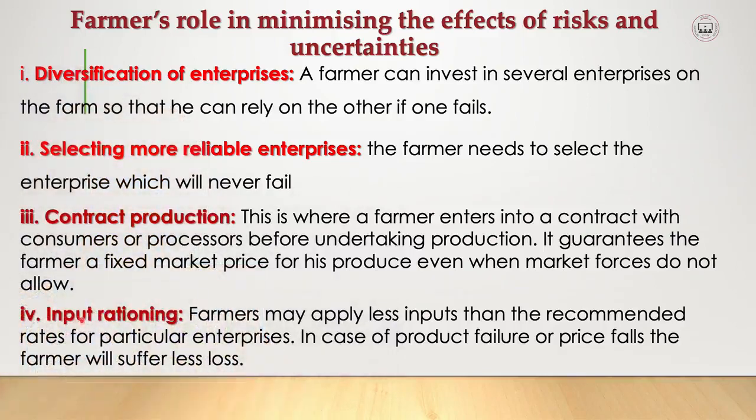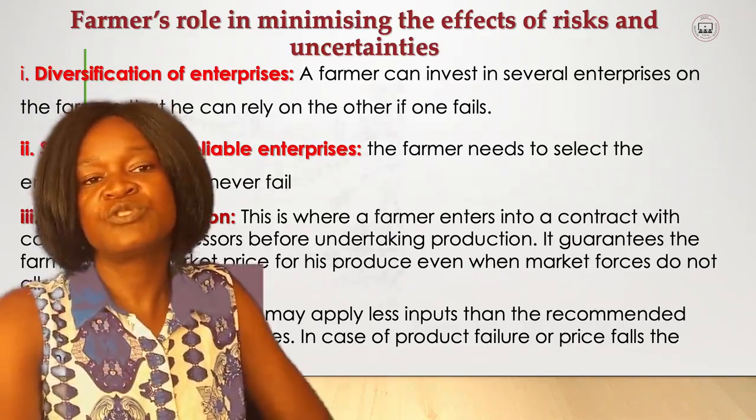Apart from that, input rationing is also another way of minimizing the risks of uncertainties at farmers' level. Farmers may apply fewer inputs than the recommended rates for a particular enterprise, so that in case of product failure or price falls, the farmer will suffer less loss than if you use too many inputs.